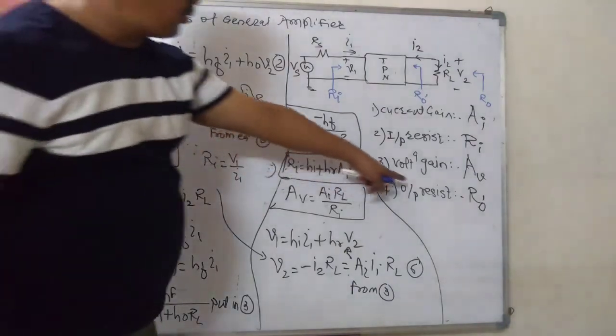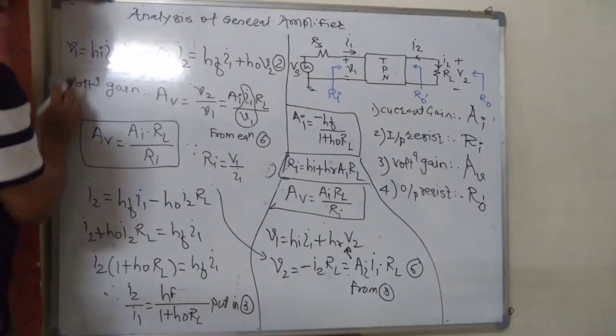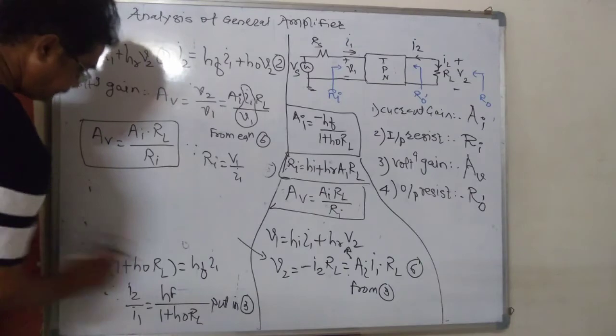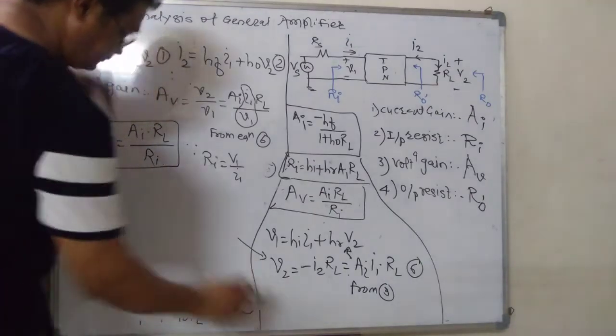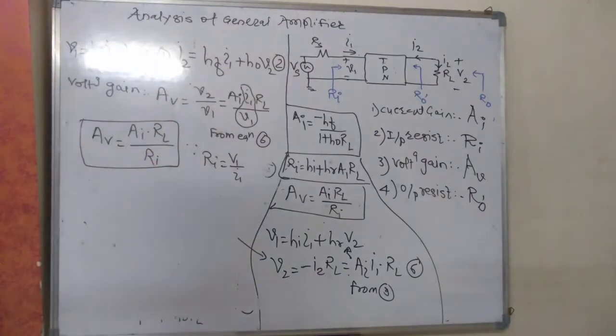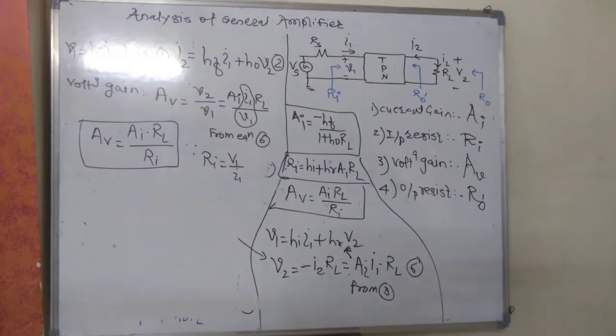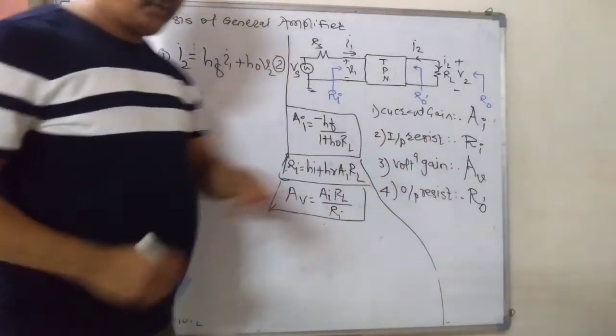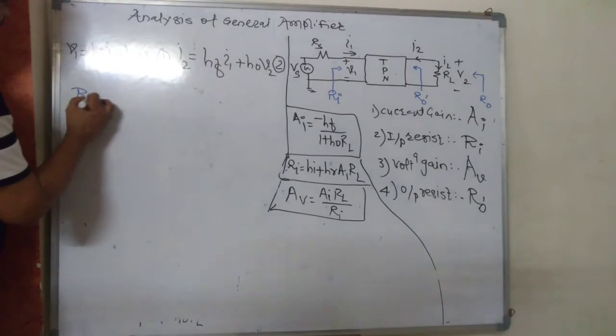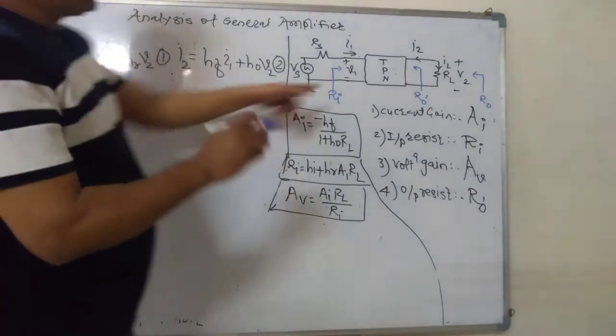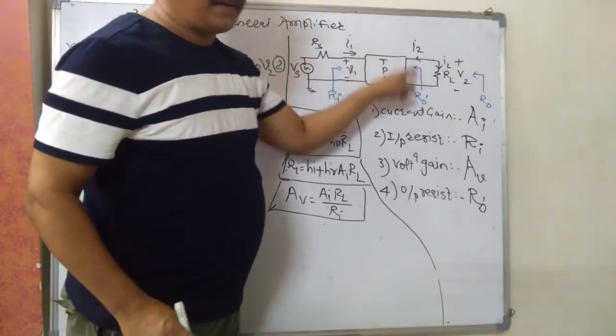Now the last formula, for output resistance R dash. The input is a series circuit, the output is a parallel circuit.